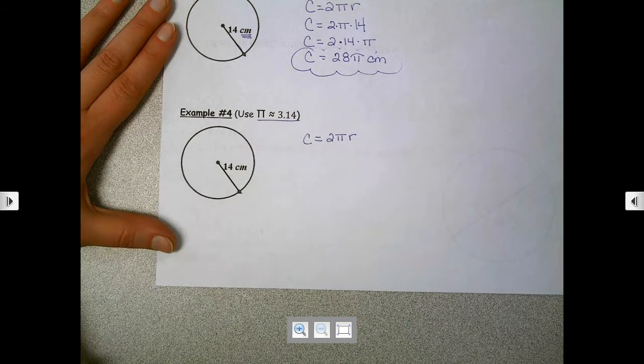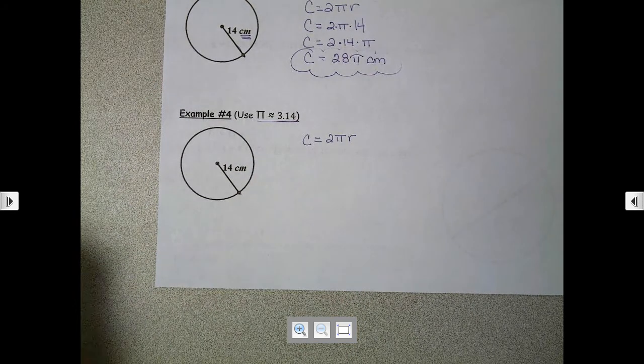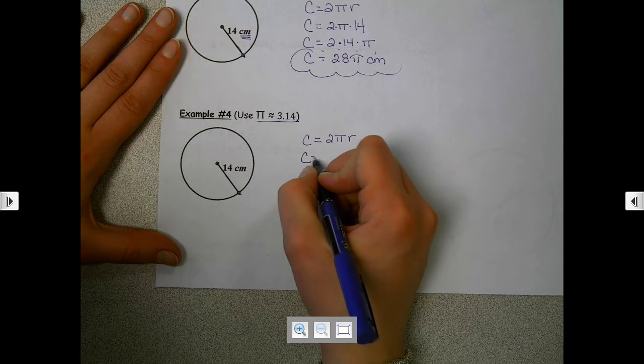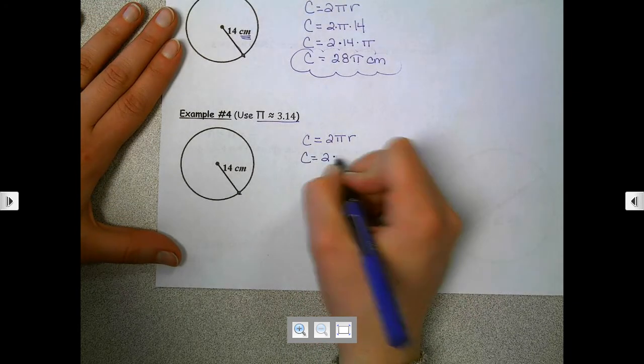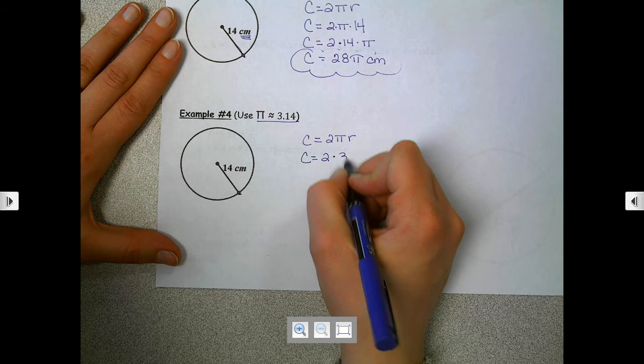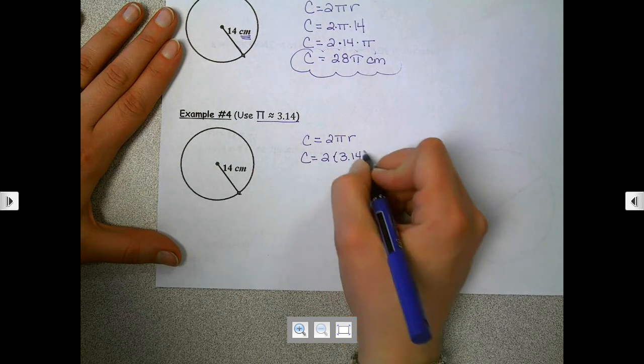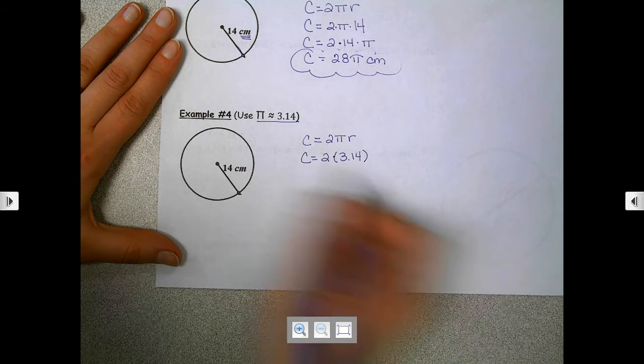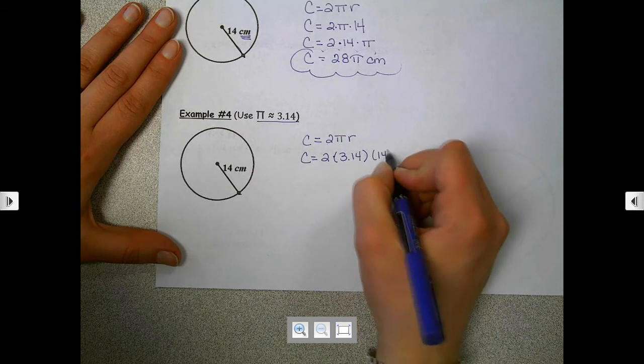In this example, we are going to use the approximation 3.14. So we're going to go ahead and plug in everything that we know. So 2 times 3.14, and I'm actually going to put these in parentheses to make it easier, times 14.